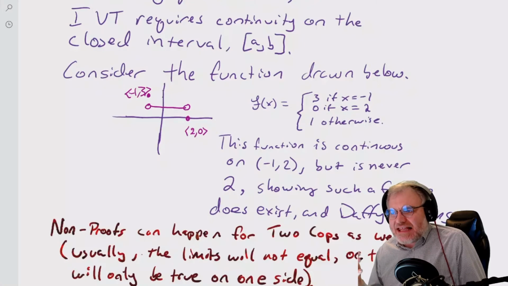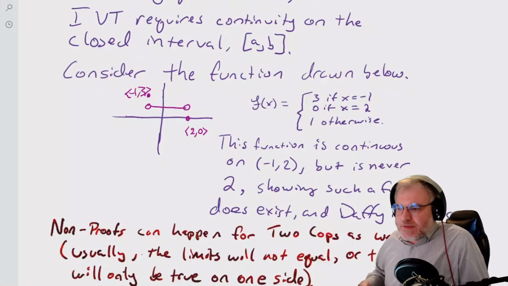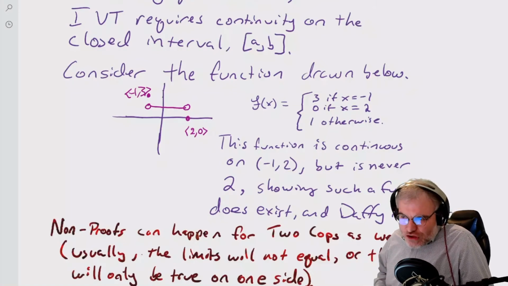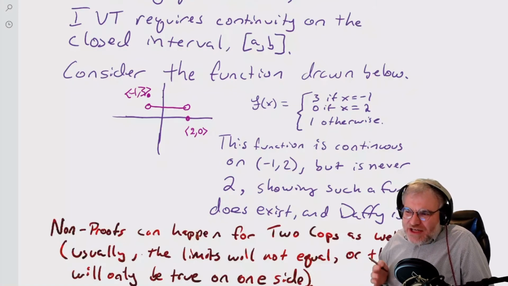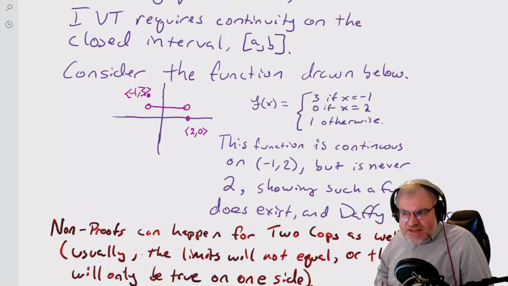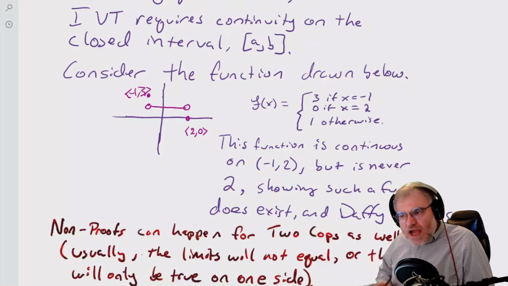If it doesn't ask you for a specific function, you can get away with just giving the explanation. However, it's usually better to give a function that shows they're wrong. It doesn't always ask for that, but if it does, watch out for that.